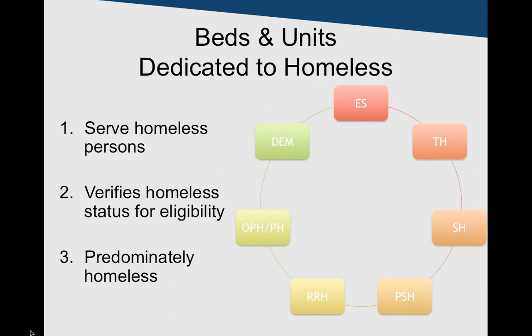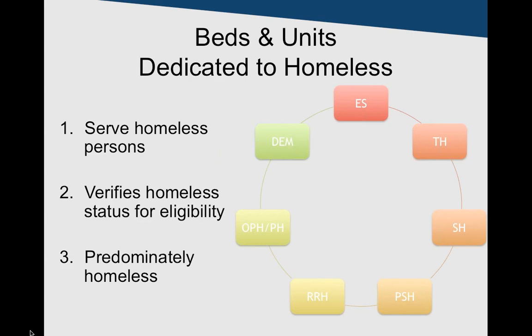Second, that the project verifies homeless status as part of its initial eligibility determination. And third, that the actual project clients are predominantly homeless, or once again, for permanent housing, that they were homeless at entry.